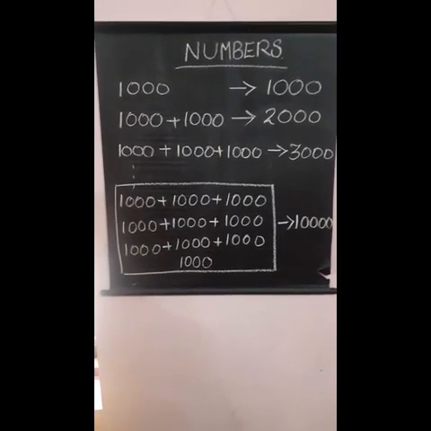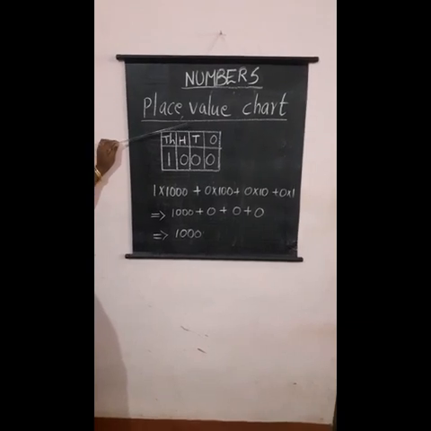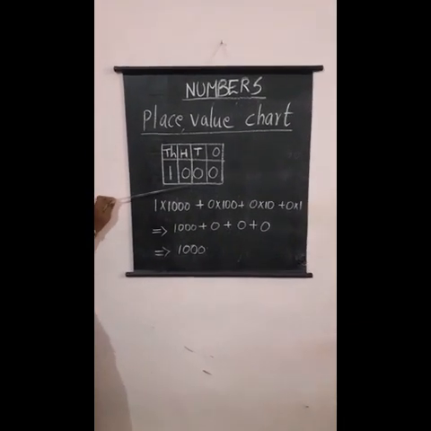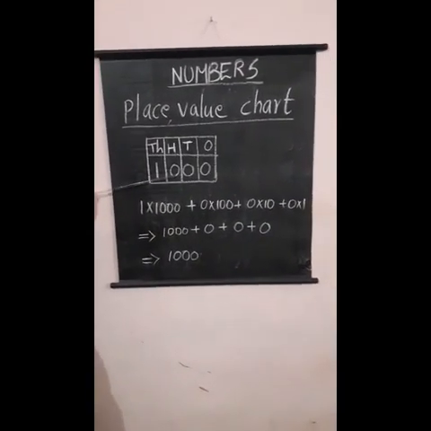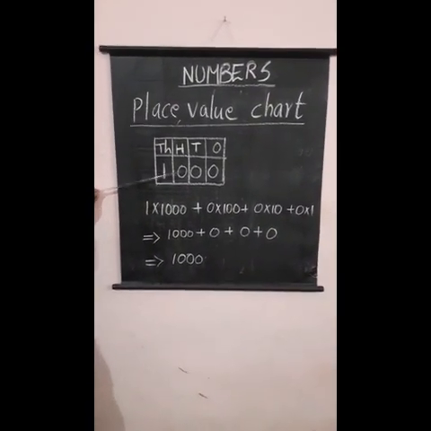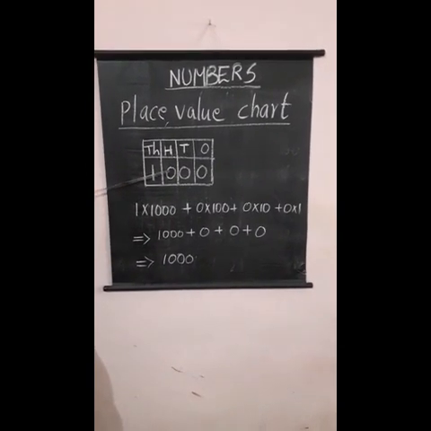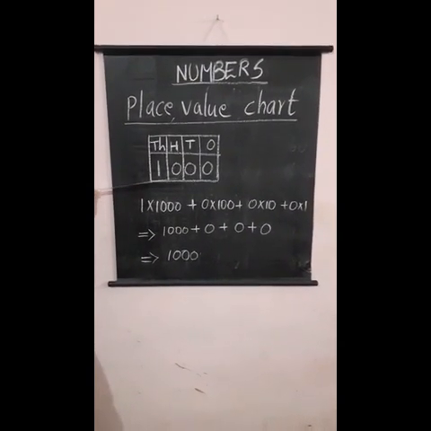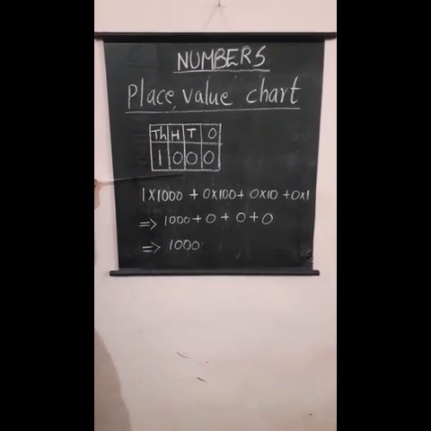Here, the place value chart for 1000. Okay, children, you already studied how to present 3-digit and 2-digit numbers in a place value system. Here I am showing how to present a 4-digit number in a place value chart.